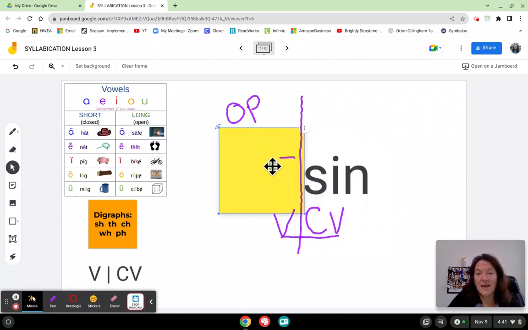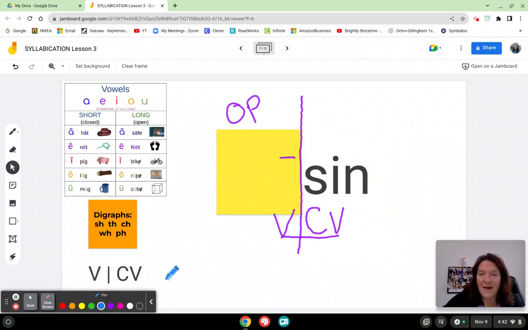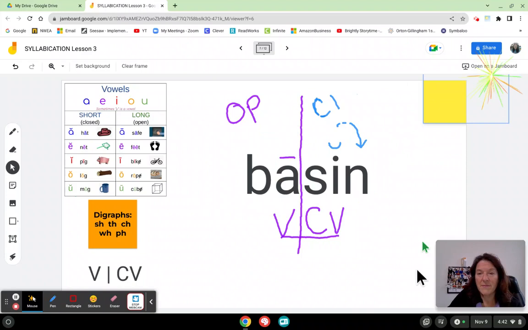Moving my blocker to the other side, I find my vowel, and I see that there is a consonant after. So this is a closed syllable, and it makes a short I sound. I remove my blocker, and now I can read the word. It says basin, basin.